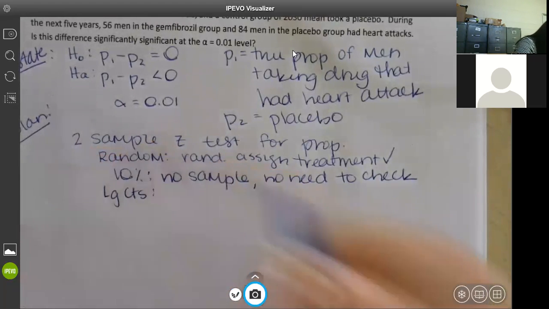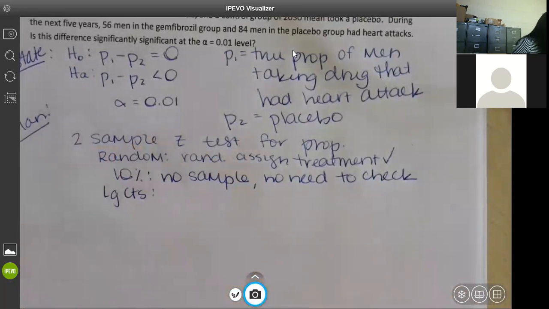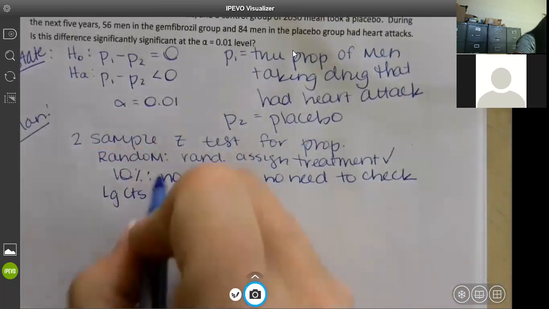What about large counts? Think about this. Remember, it's the number of successes and the number of fails. So our success, as morbid as it is, is a person having a heart attack. In the first population, how many had a heart attack?